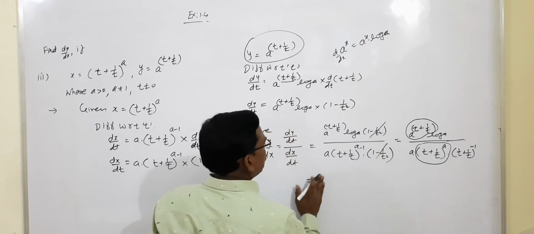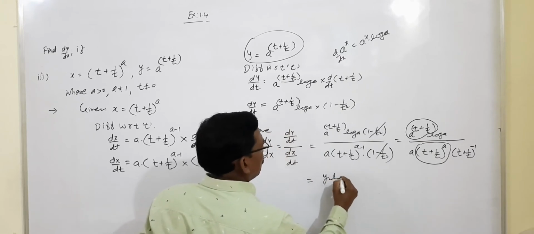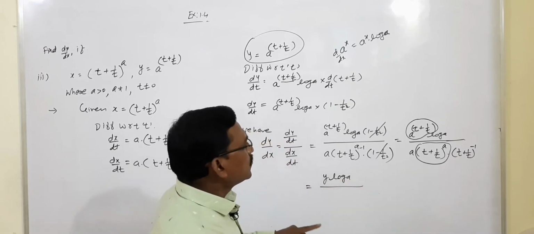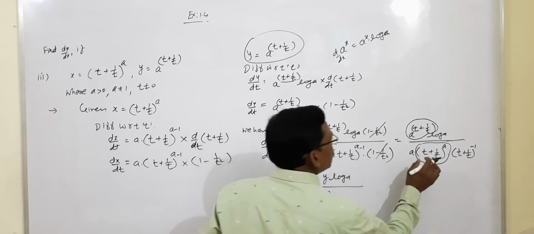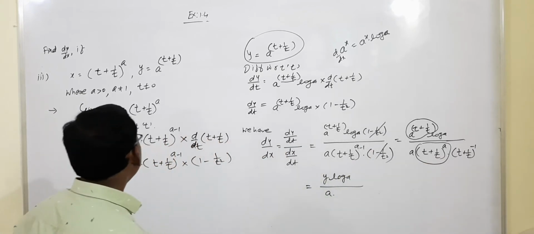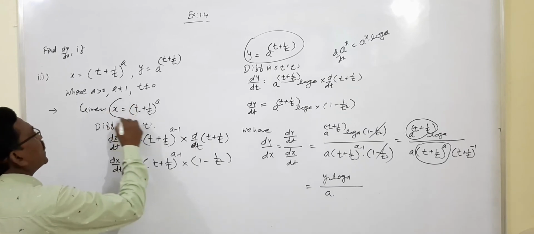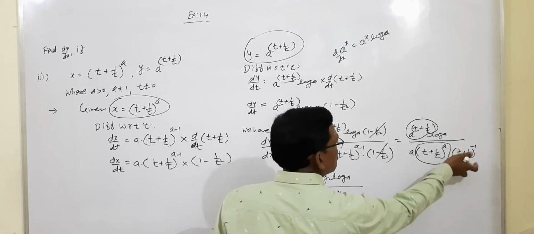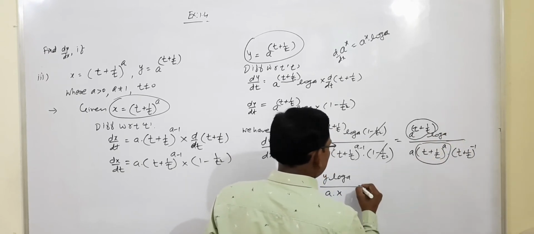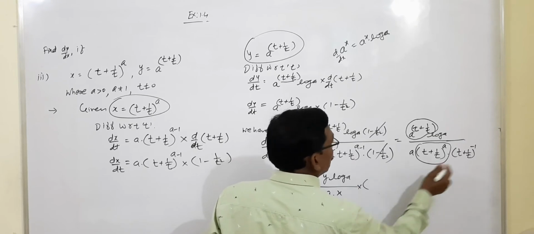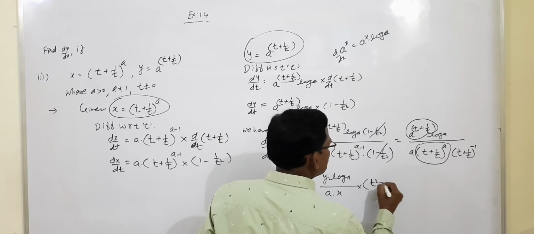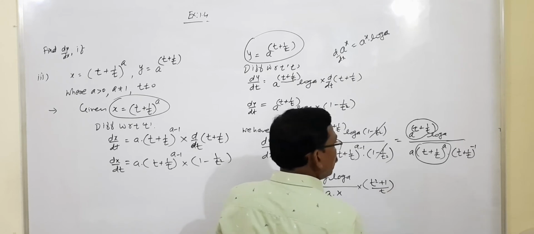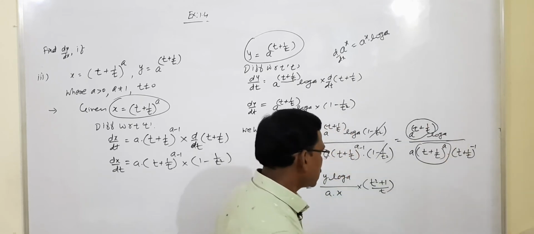It is y log a divided by this a as it is, into this t plus 1 by t to the power a, which is nothing but x, our function x. And we take this bracket in the numerator here. We simplify: it is t into t, which is t square plus 1, whole by t, and when we take it in the numerator its power is plus 1.